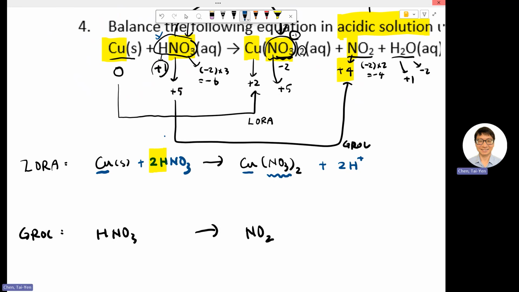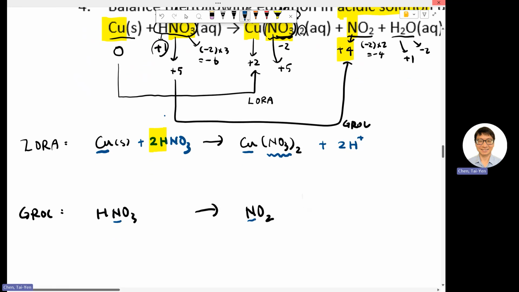Then we can move to your reduction. You can see the atom that undergoes the reduction is nitrogen, so that's your target atom, and it is already balanced. The next thing is to balance your oxygens and your protons.